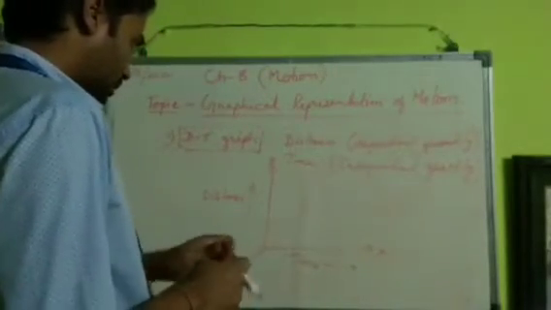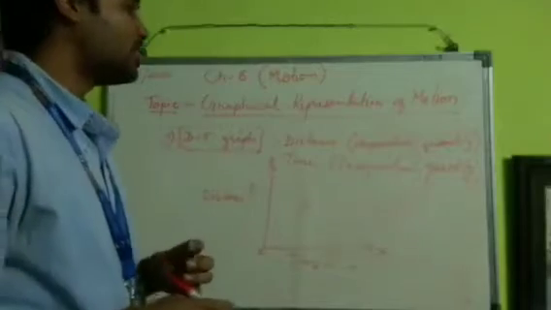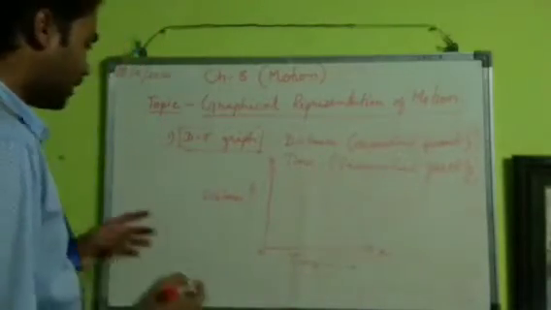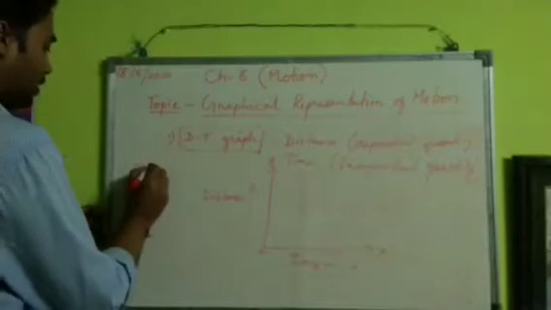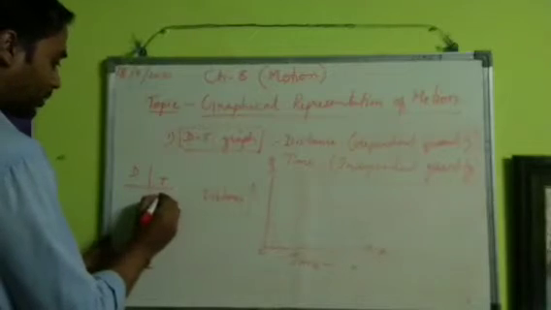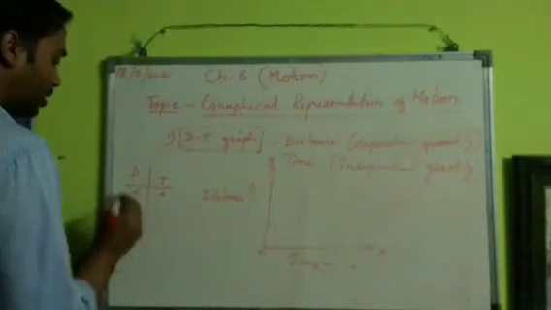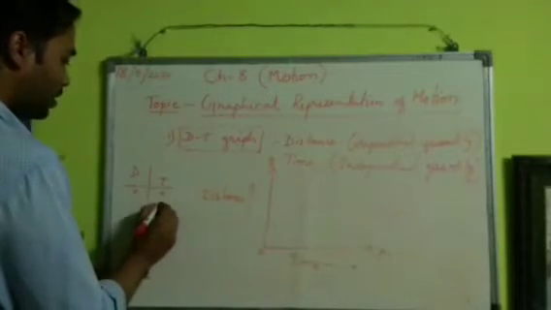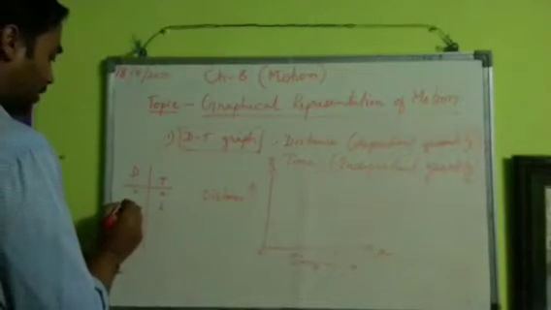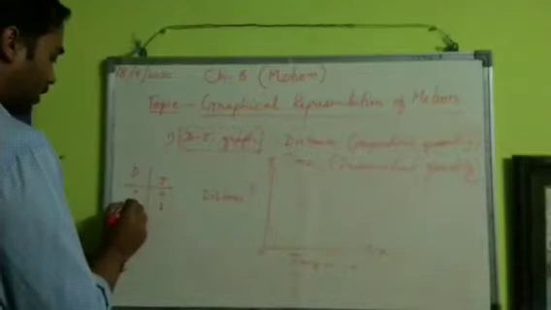Now the first one, distance time graph for uniform motion, how can we draw? Now let us take a few values. Distance, time. Now suppose in 0 it will be 0. In first 1 hour a vehicle covers, let's say, 10 kilometers.